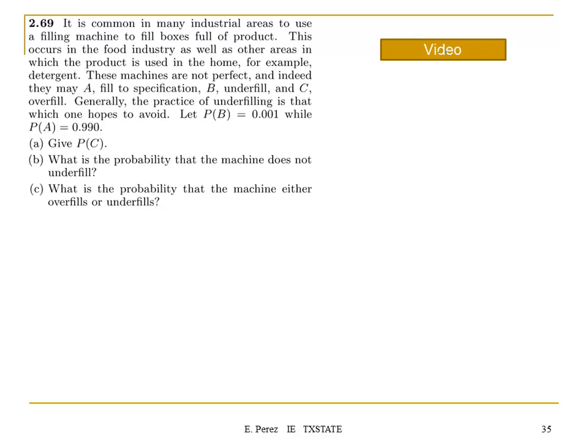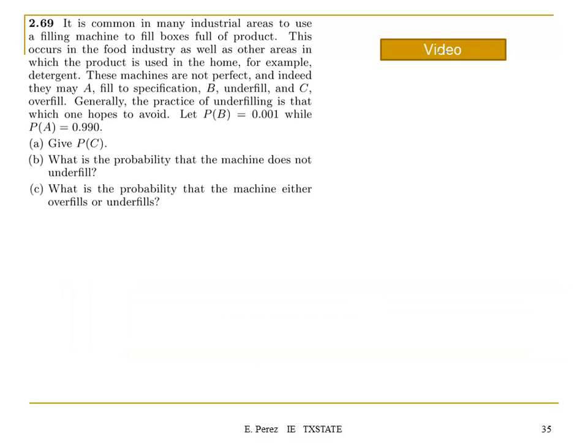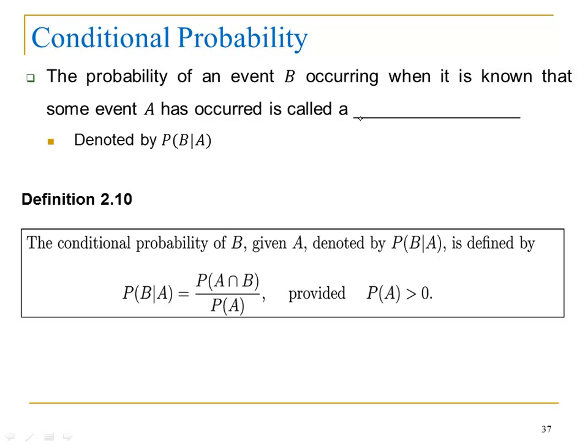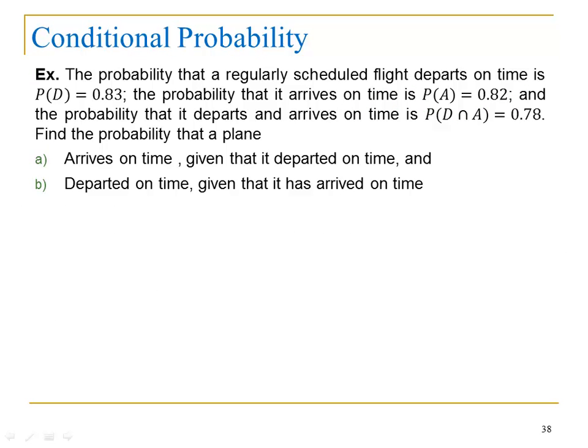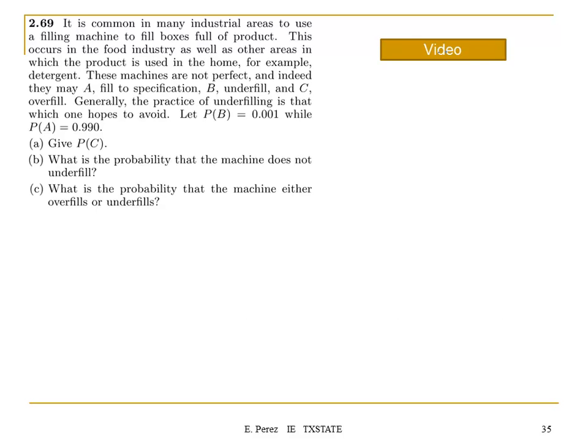Yes. So you look at the complement. The probability of A plus the probability of B plus the probability of C equals 1, right?